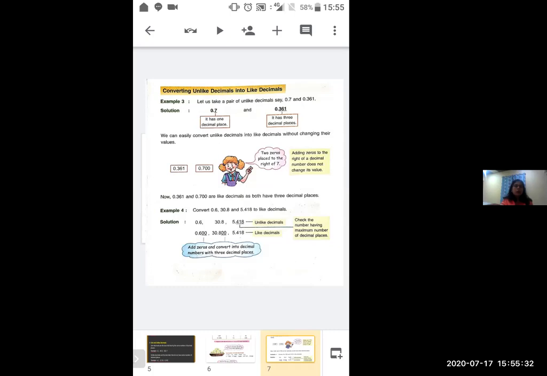So check the number having the maximum number of decimal places, add zeros, and convert into decimal numbers with 3 decimal places. This is the way to convert unlike decimals into like decimals.